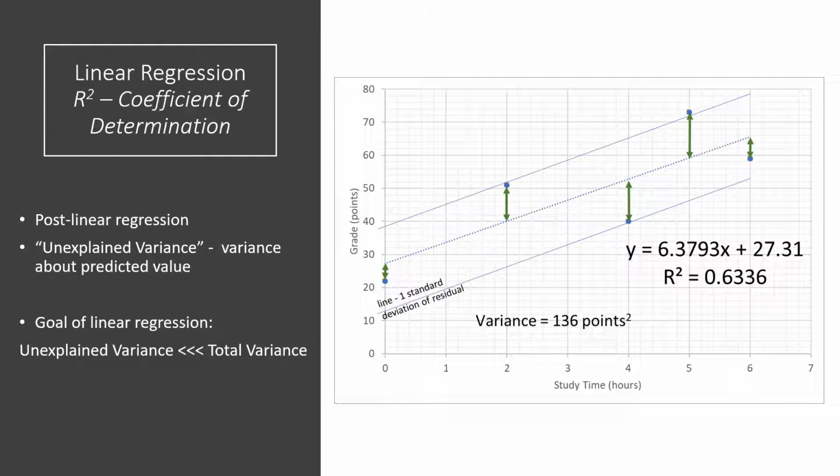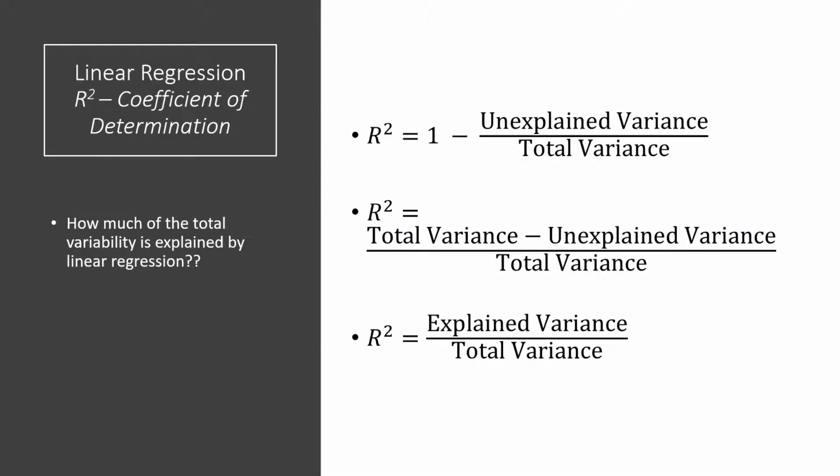So the R squared value is 1 minus the unexplained variance over the total variance. And the unexplained variance is the remaining variance about my regression line.